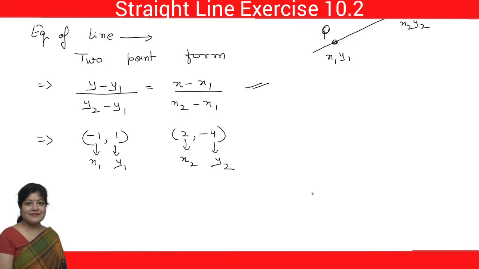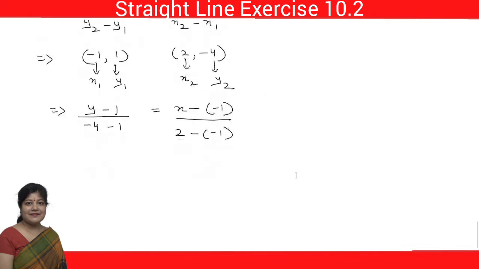So y minus y1, that is minus 1, y2 is minus 4 minus 1, x minus x1, x2 minus x1. Just see properly. Correct. Do you understand or not?